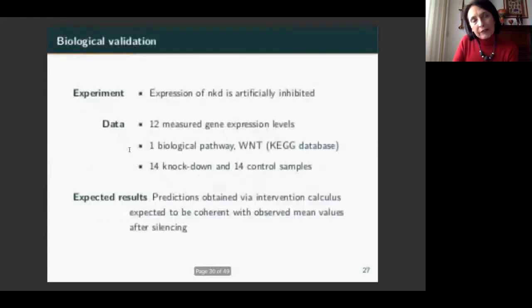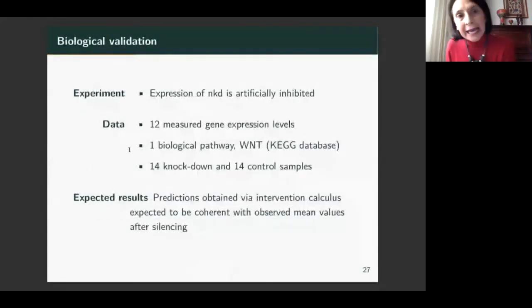Now, one thing that we very much like to do is to try to biologically validate the statistical tools that we develop, to see whether they truly respond to the biological questions they were developed for. So here we ended up silencing NKD, physically silencing NKD.